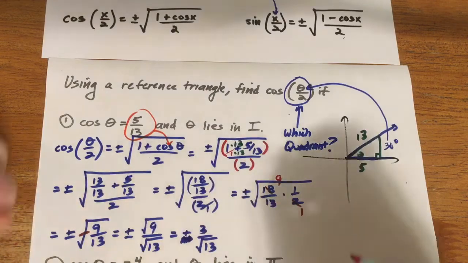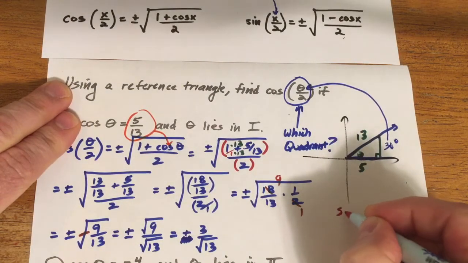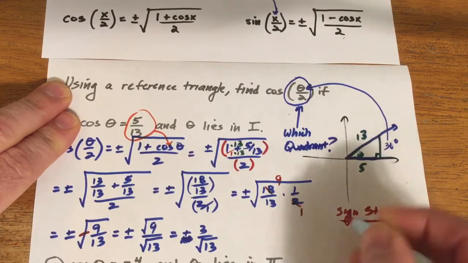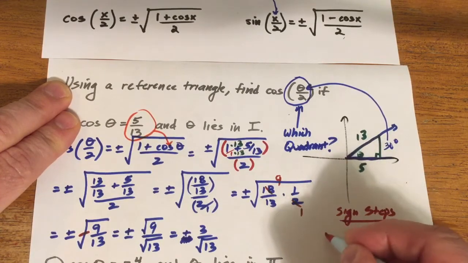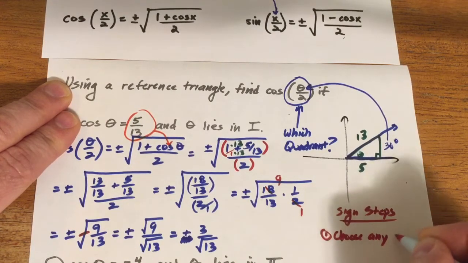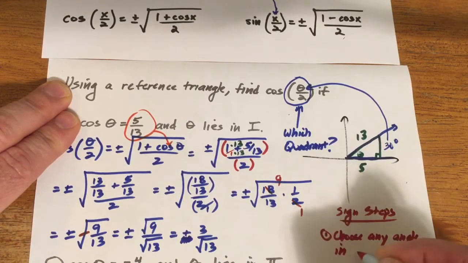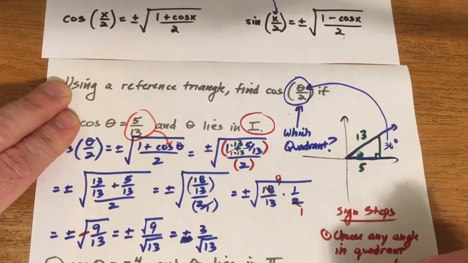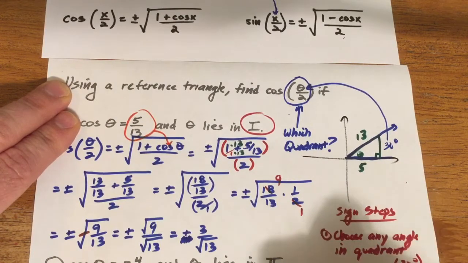Let's go ahead and write the steps for figuring out the sign. We'll call these the sign steps. What we'll do is choose any angle in the quadrant. And here we had quadrant number 1, and so I chose 30 degrees. Next step, divide by 2.